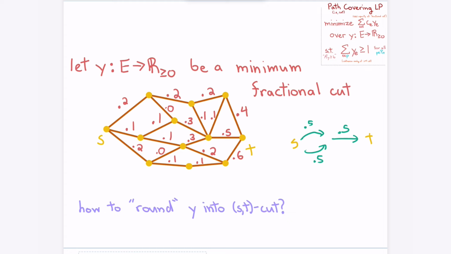If I wanted to get that down to almost certainly outputting an ST cut, I would need to scale up, and that's going to get me an ST cut of value at most, I don't know, log n times optimal in the best case is what I can hope for. But independent rounding seems a little error prone because I'm trying to get something very precise, right? I'm trying to round from fractional to discrete with no loss.